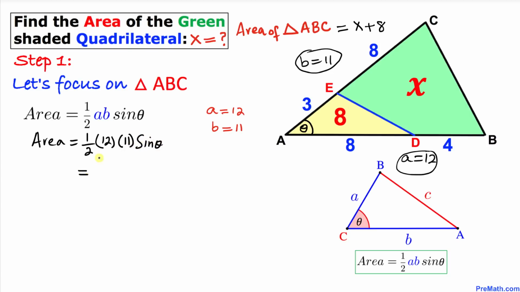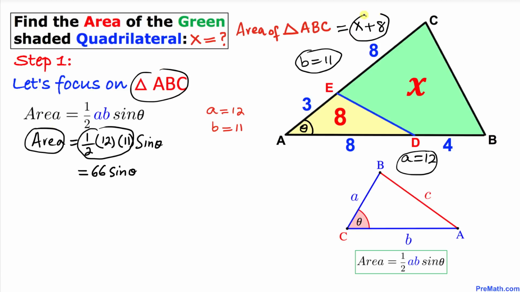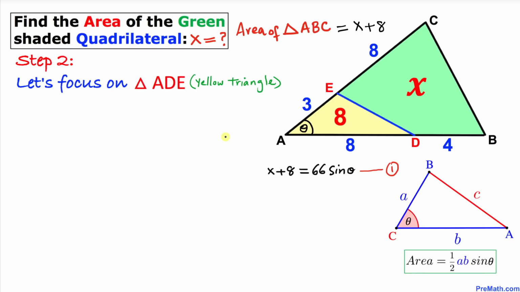When we simplify, that gives us 66 sine of theta, and the area of triangle ABC is x plus 8. Let me call this equation number 1.